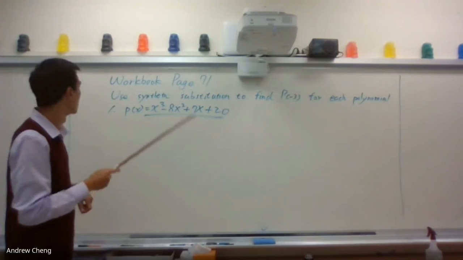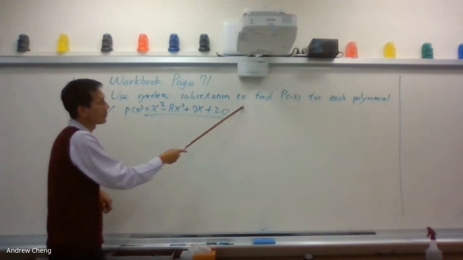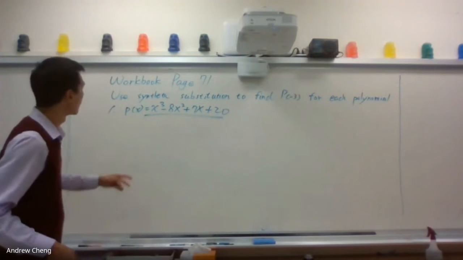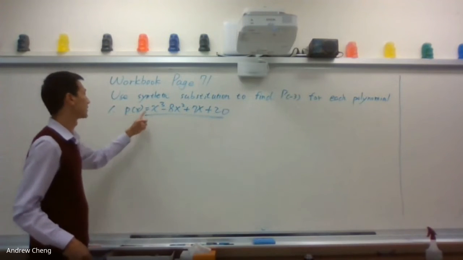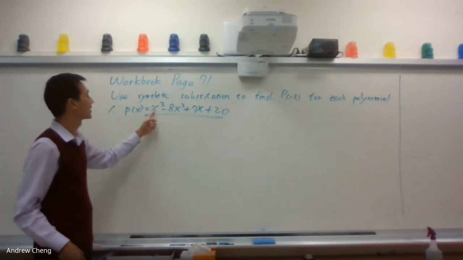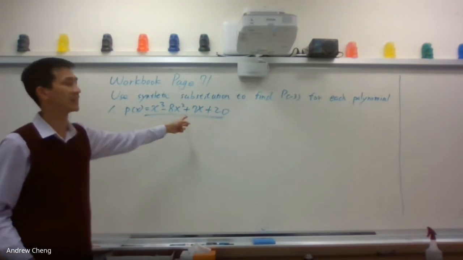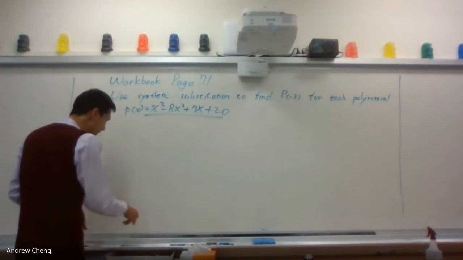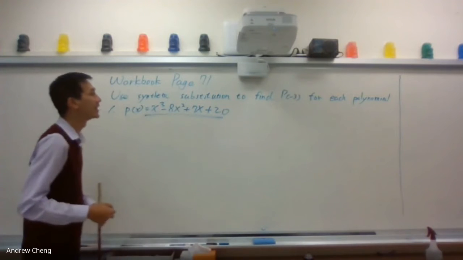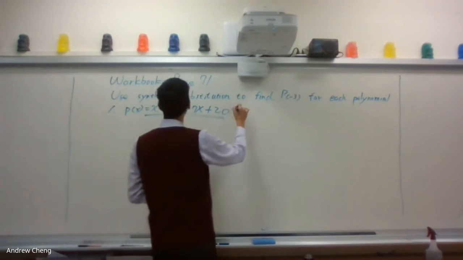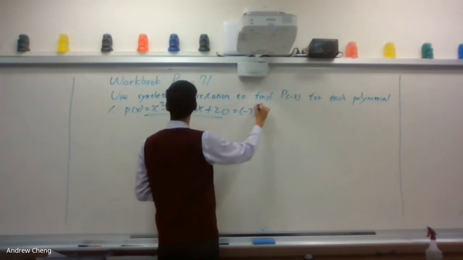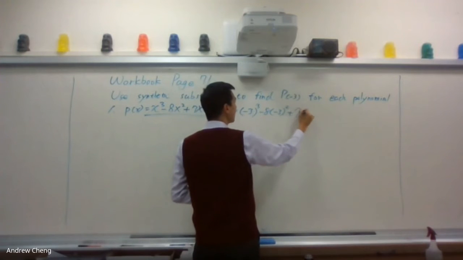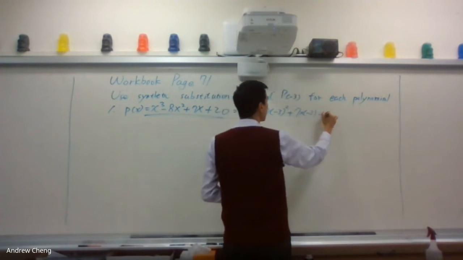Question 1. Use synthetic substitution to find p(-3) for each polynomial, right? So if I have p of x equals x cubed minus 8x squared plus 7x plus 20, and p(-3) means I substitute x with -3, which should be (-3) cubed minus 8 times (-3) squared plus 7 times -3 plus 20.